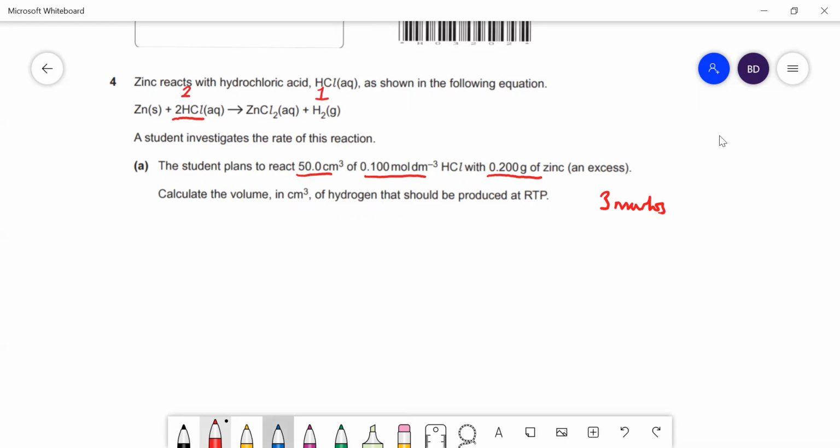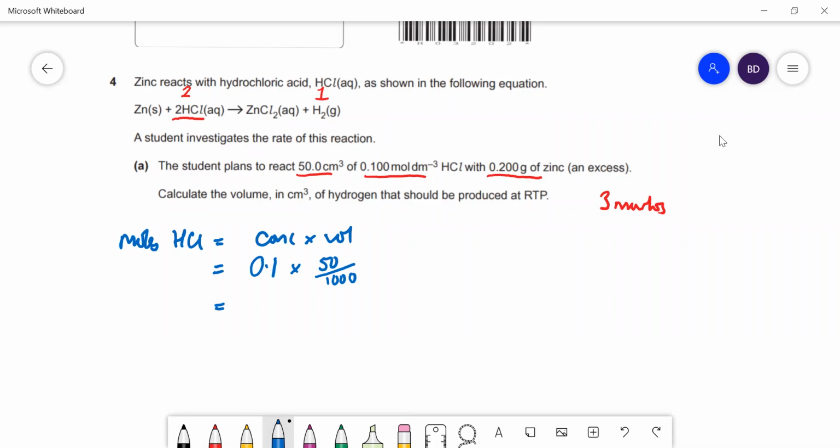So moles of HCl, first of all, is equal to the concentration multiplied by the volume in dm cubed. The concentration is 0.1. The volume is 50 divided by 1,000, to get 50 centimeters cubed to dm cubed.